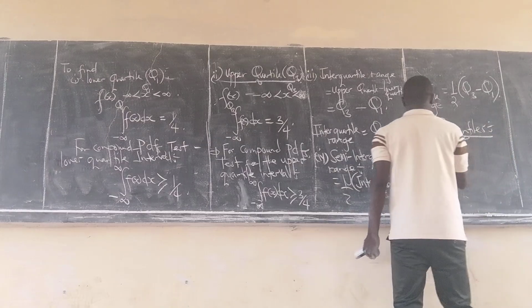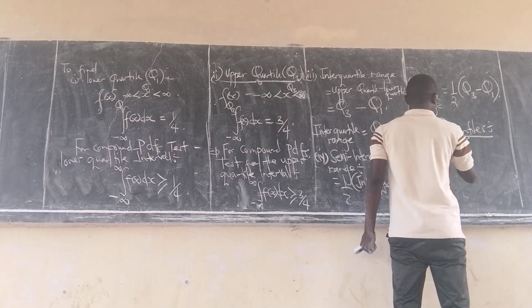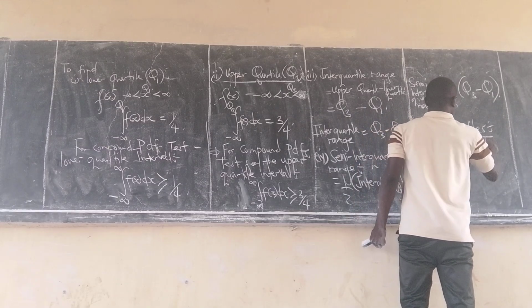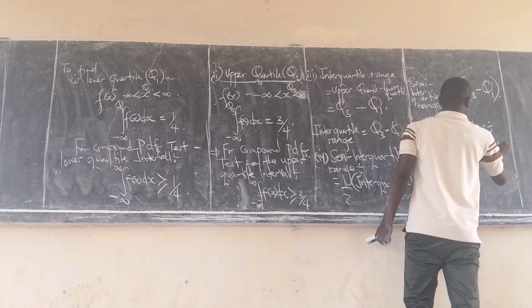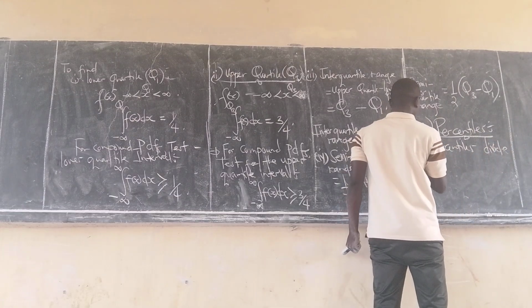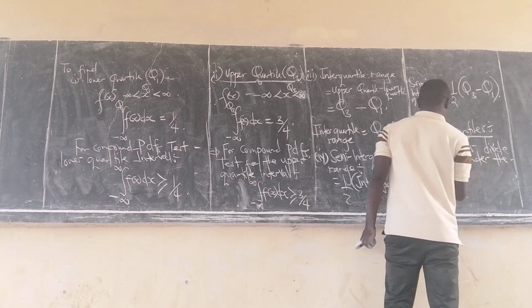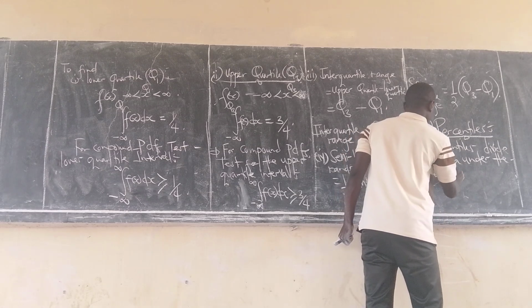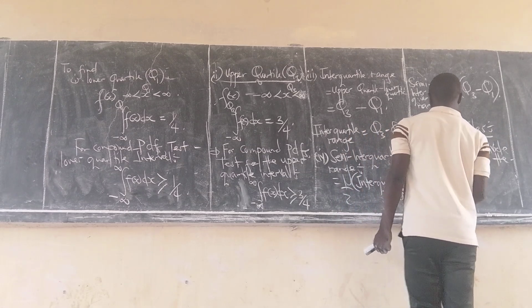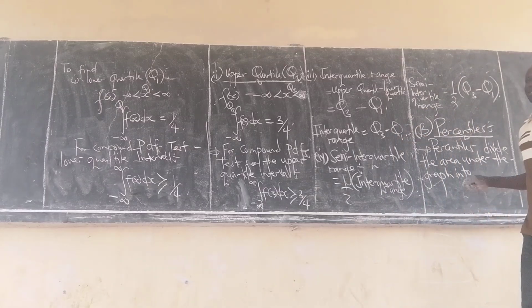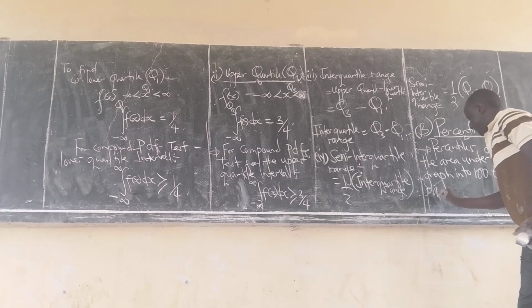So our percentiles, in this case, will instead divide the area under the graph into 100 equal parts.